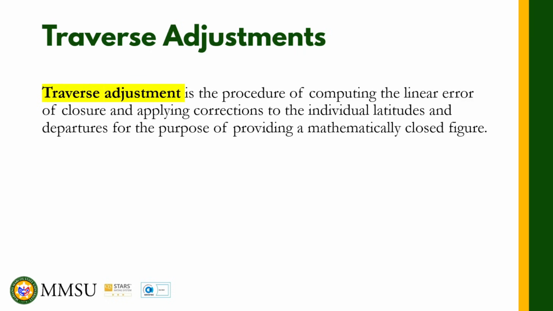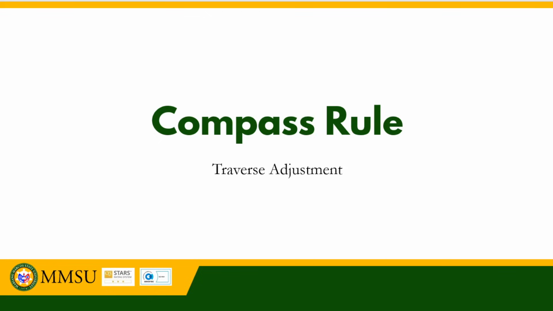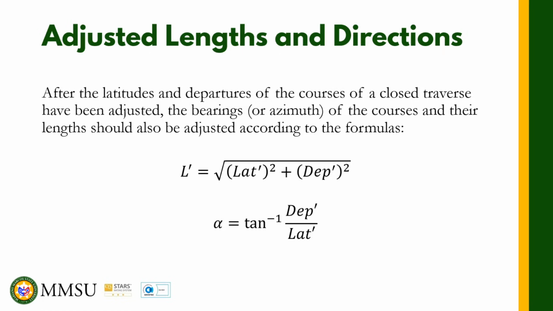Okay, so pagkatapos natin ma-compute yung linear error of closure, ngayon i-applyan natin ng compass rule to adjust yung mga lines at yung mga bearing or azimuth ng mga lines na ito. I-applyan natin ng compass rule, okay? And then after ma-applyan natin ng compass rule for the correction, we'll be computing for the adjusted lengths and directions based from these equations.